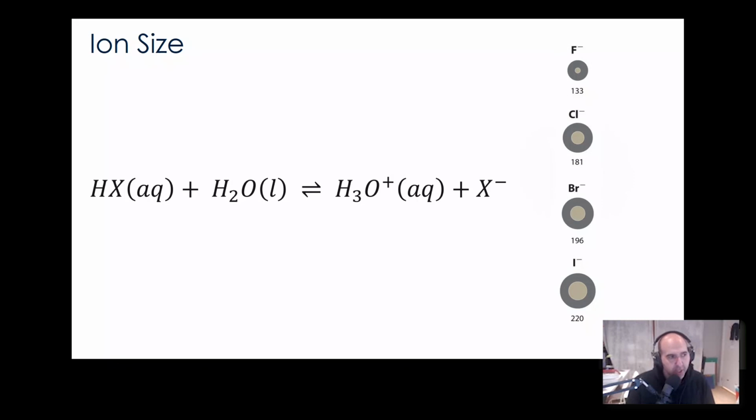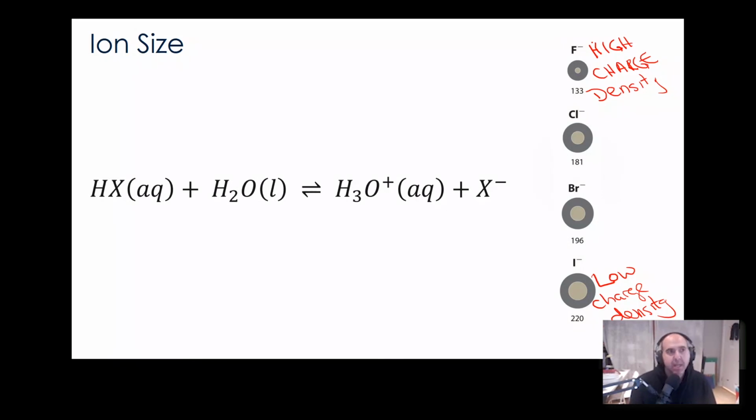So if we look at the charge density between F minus and I minus, well, we're going to see that this has a relatively high, let's see if I can write properly, high. And down here, then we have a low charge density, which means a low charge density means a low reactivity, and a high charge density means a high reactivity, right?